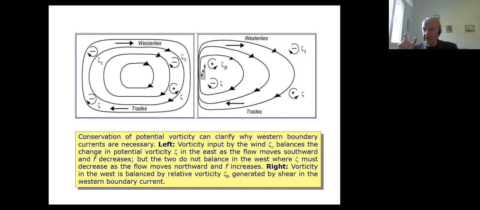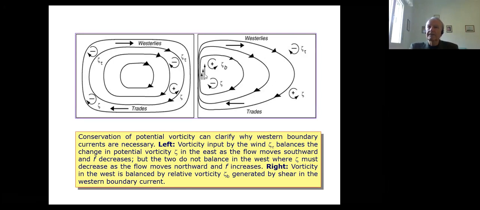Exactly what is happening in the surface Ekman layer, in the vertical Ekman layer, where the water velocity is very strong at the surface and decreases exponentially. Here you get the same thing.